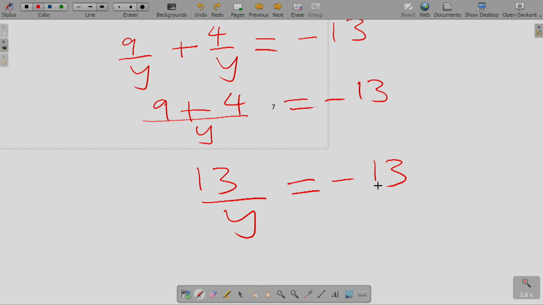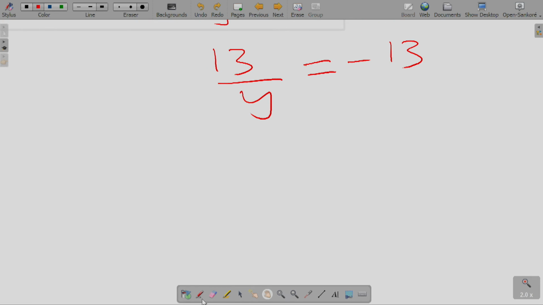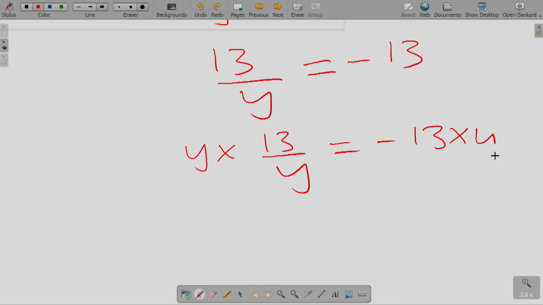So we need to find y. So let's multiply both sides by y. So y times 13 over y equal to negative 13 times y. So we'll get 13 equal to negative 13y.